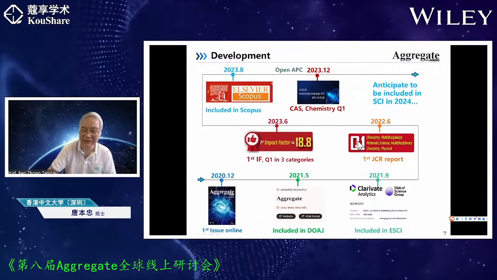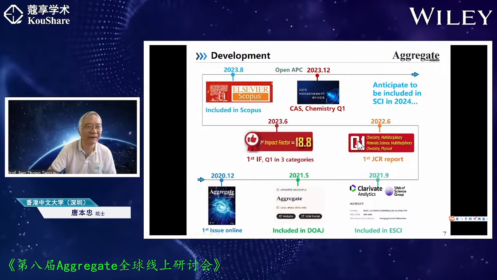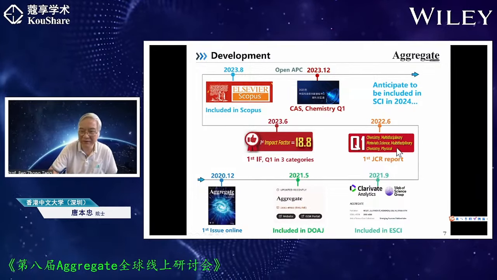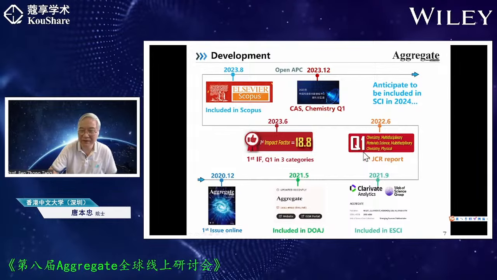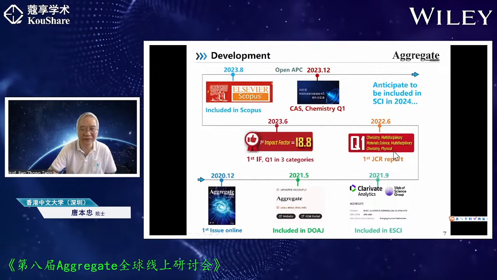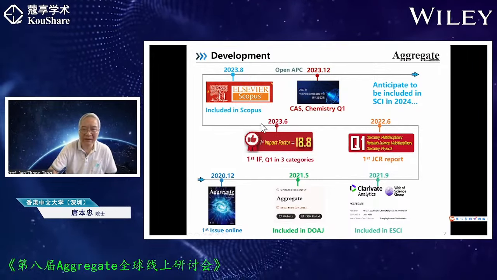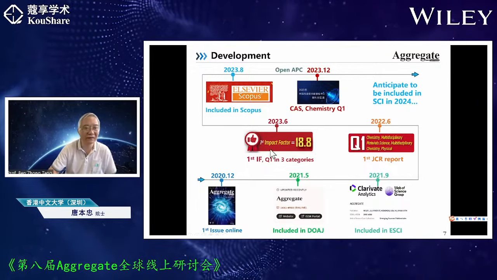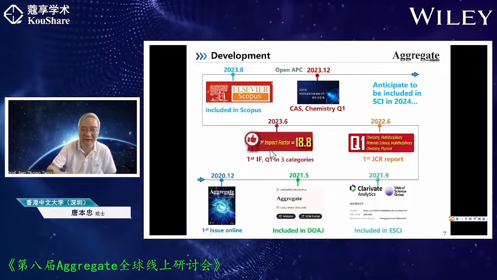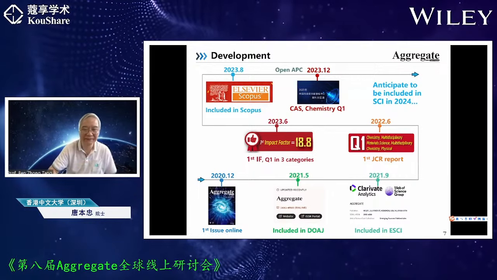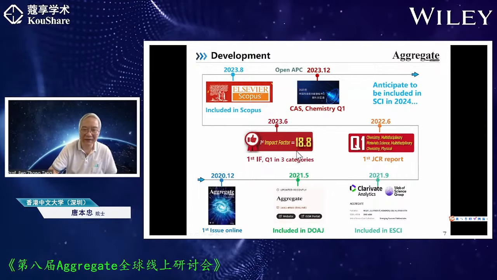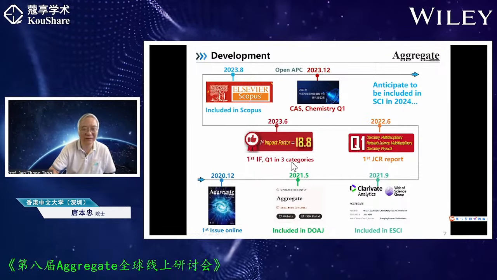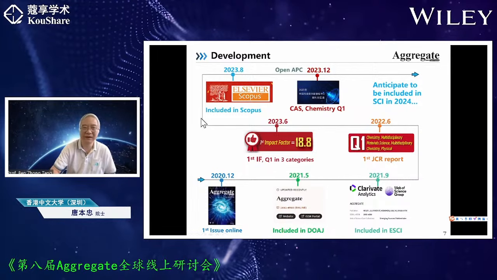Our journal was ranked in the Q1 category in chemistry multidisciplinary, materials science multidisciplinary, and chemistry physical. In the middle of last year, we got our first impact factor of 18.8, and again we were in Q1 of 3 categories.